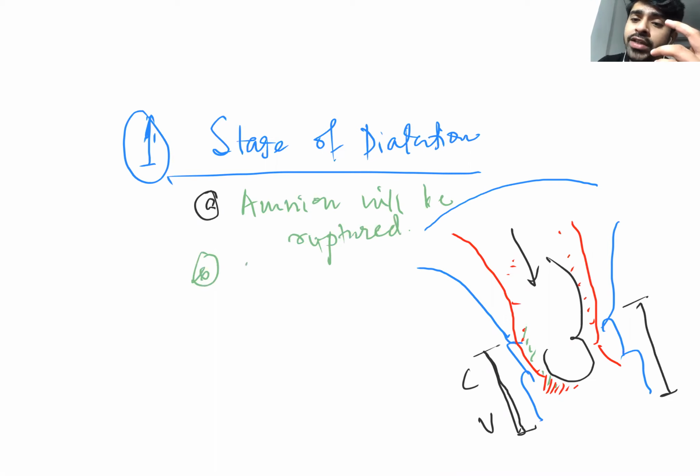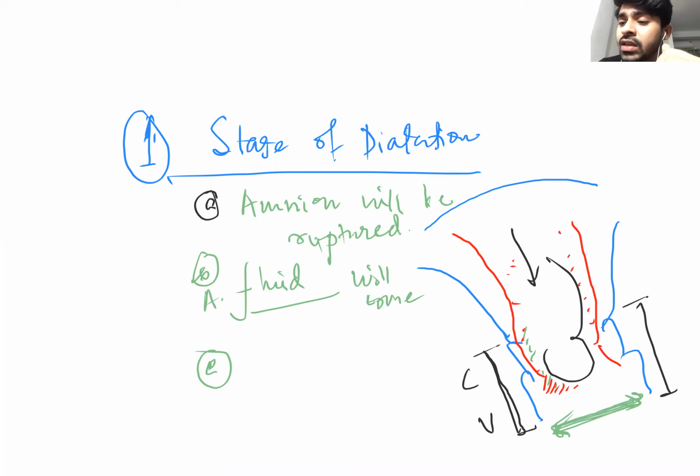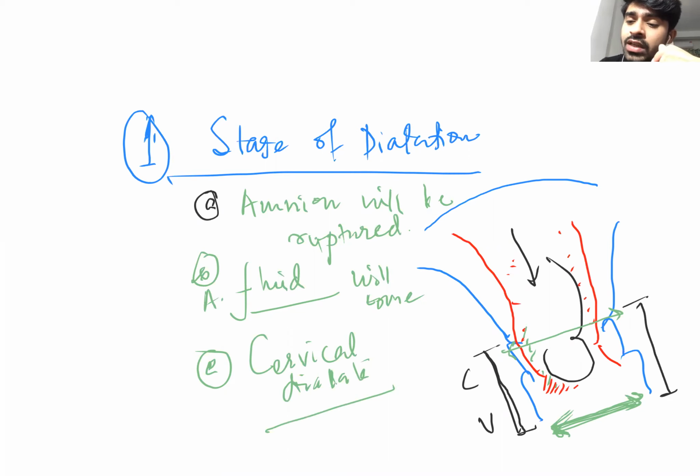Amniotic fluids will come out through the vagina. The third thing you have to remember, again very important, is that the birth canal diameter will increase. The cervical diameter will dilate so that the baby can come easily.